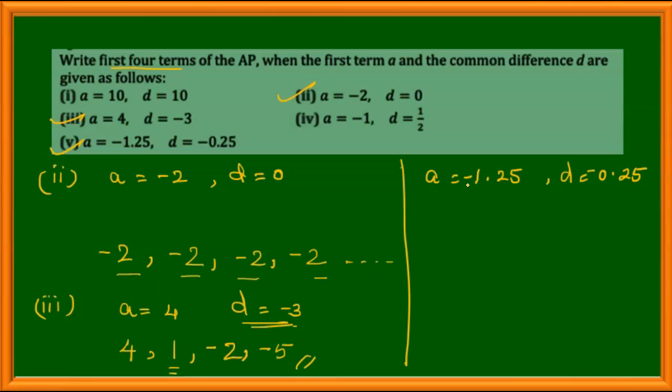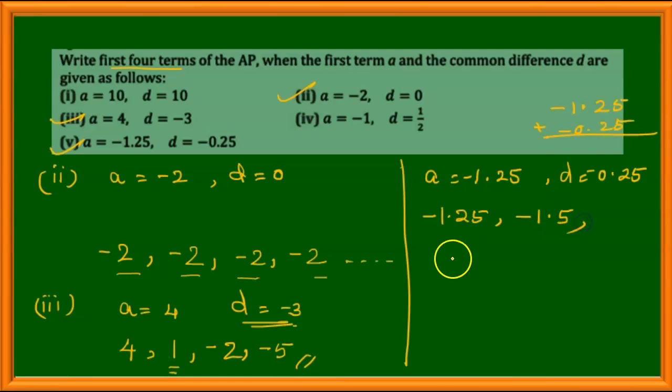So what you will get if we add both of these? A plus D is minus 1.25 plus minus 0.25. Adding both of these, you will get minus 1.5. Again, if we add minus 0.25 to this one, you will get minus 1.75.